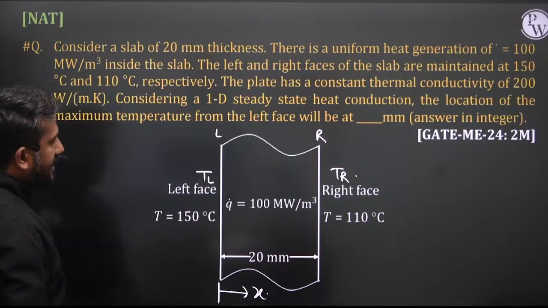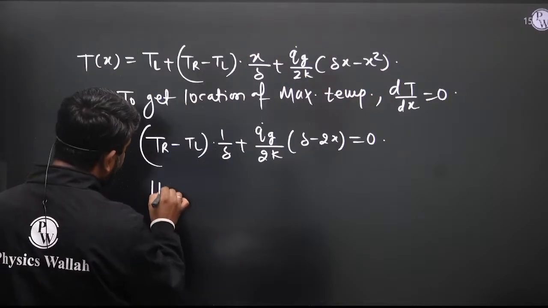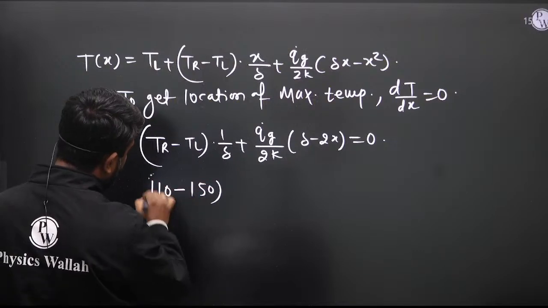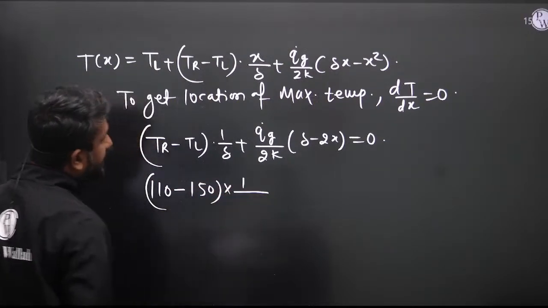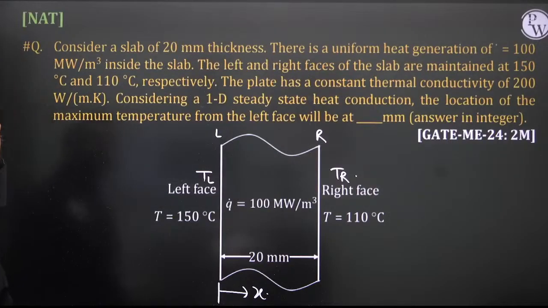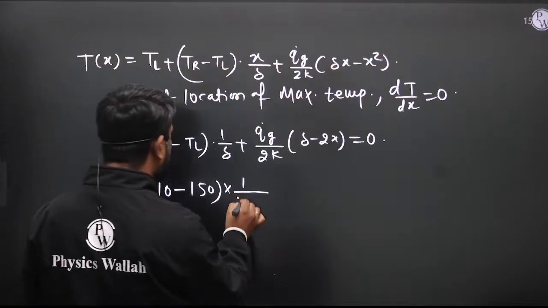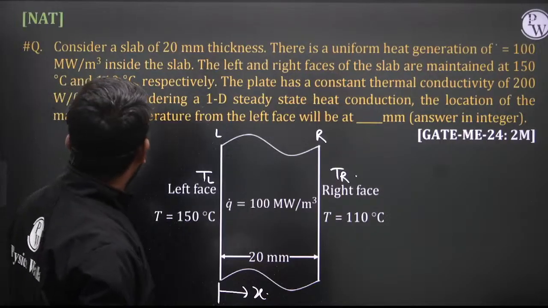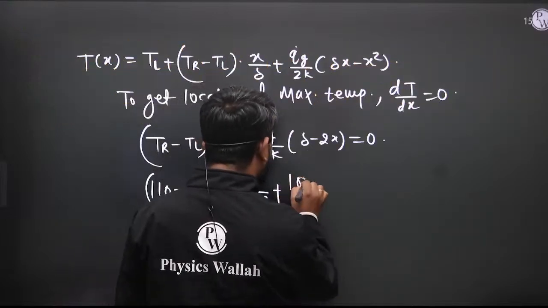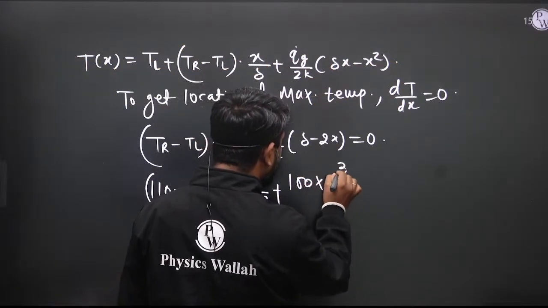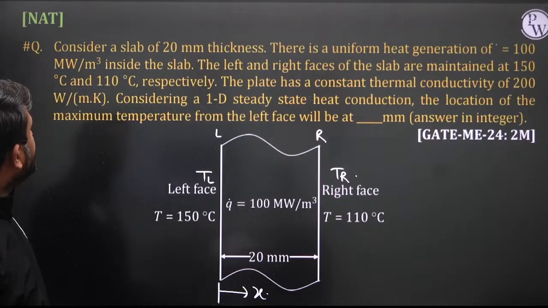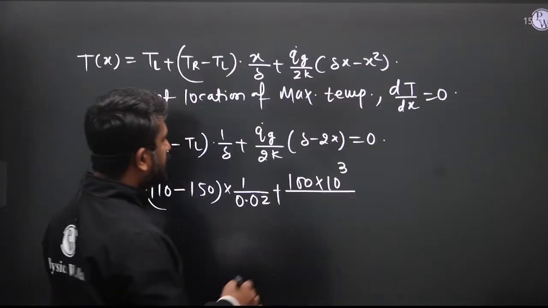Right. So TR value is 110. This is 110 minus 150, into thickness. Thickness is mentioned, that is 20 mm thickness. So 0.02, plus uniform heat generation 100 megawatt per meter cube. So this is 100 into 10 to the power 3 watt per meter cube, 2 into k. K value is 200. So this is 2 into 200.